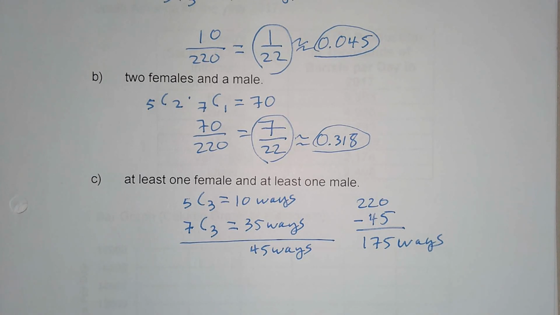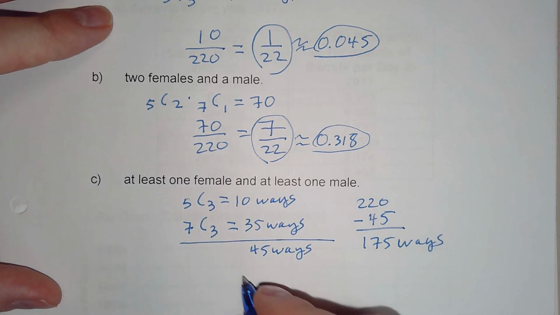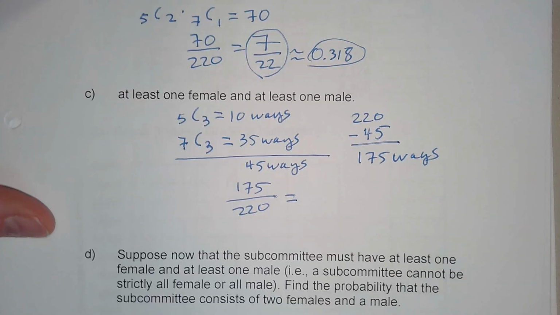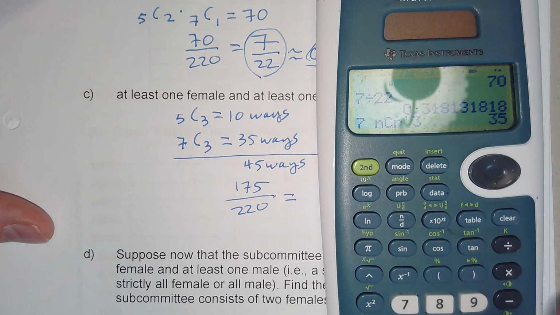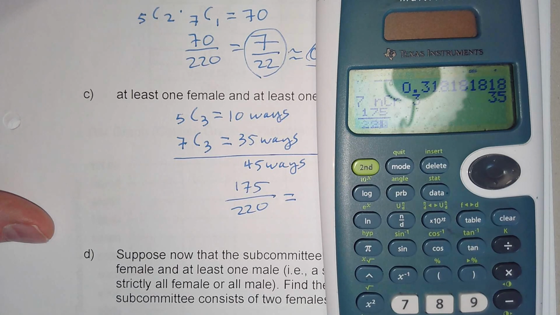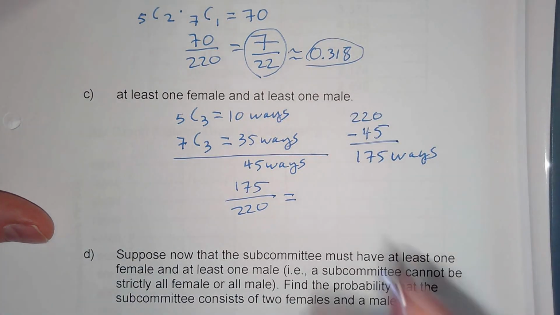So our probability then would be 175 over 220. So let's reduce that. That reduces to 35 over 44.